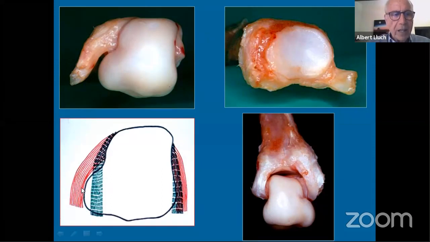Another reason why the collateral ligaments get tighter in flexion is because of the shape of the metacarpal head. The metacarpal head is wider on the volar side than on the dorsal side. And this puts the collateral ligaments under even more tension.